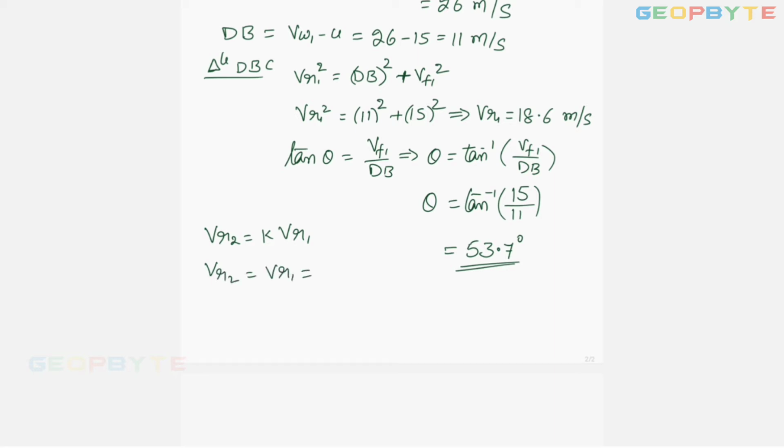That Vr1 equal to 18.6 meters per second. Here assume friction factor K equal to 1.